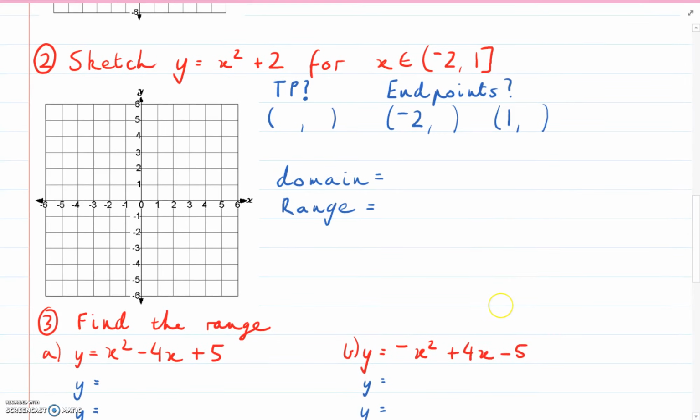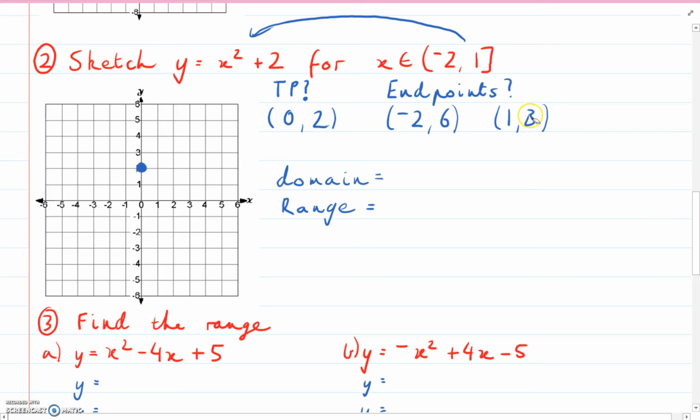Okay, another one here, sketch x squared plus 2. So this is a quadratic that has moved up 2 units. The turning point, in fact, will be at 0, 2, so that's a good thing to check. Our endpoints, if we sub these values in for x, we can find out what these endpoints are. So -2 squared is 4, 4 plus 2 is 6, 1 squared is 1, 1 plus 2 is 3. Just to rewrite that.